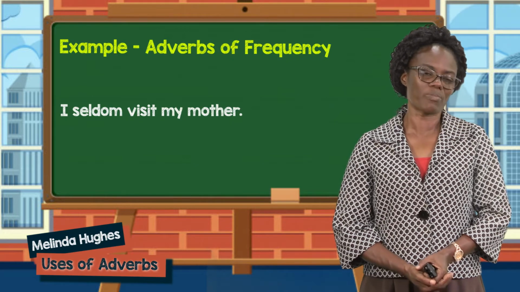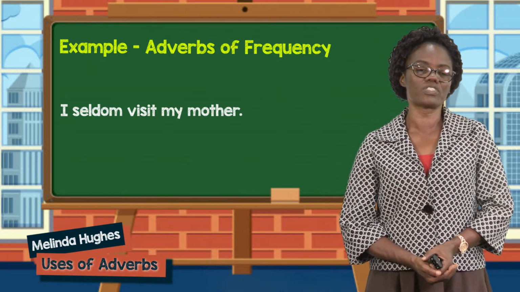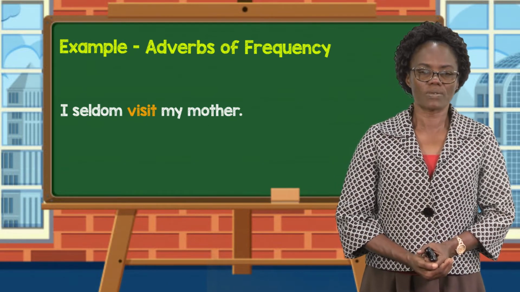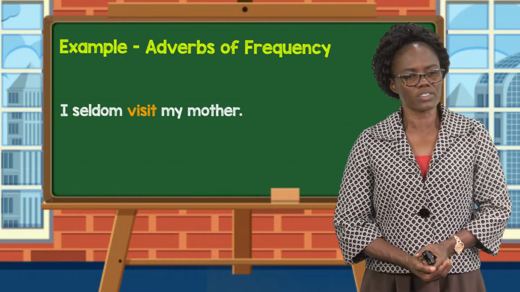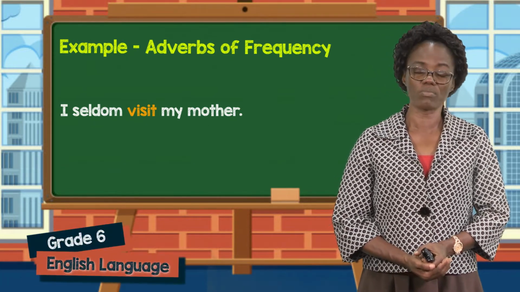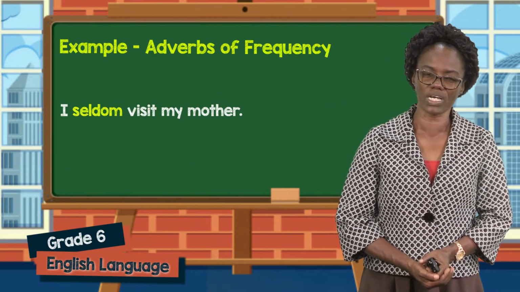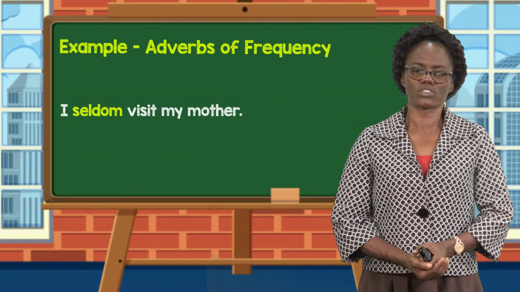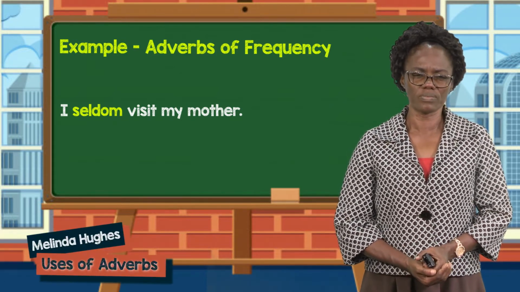So here is an example. I seldom visit my mother. In that sentence, the verb is visit. But how often do I visit my mother? Seldom is the answer. So adverbs of frequency answer the question, how often?